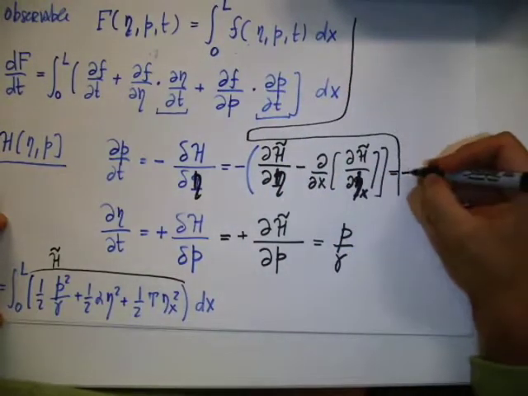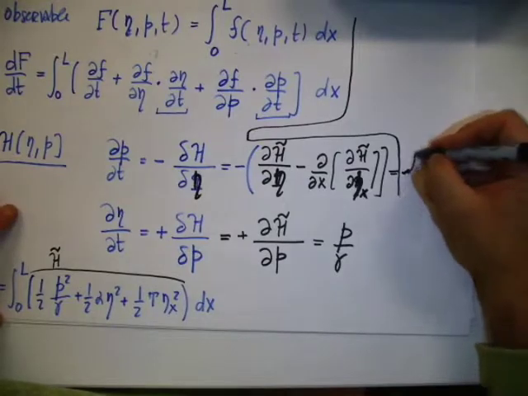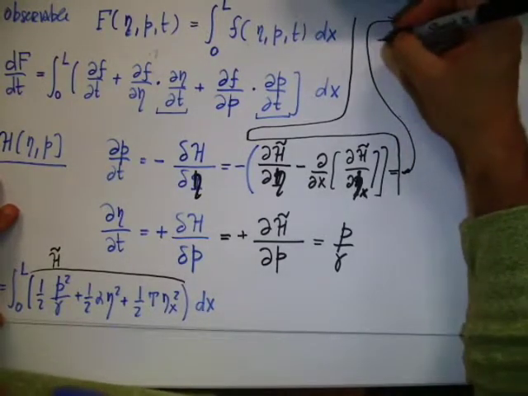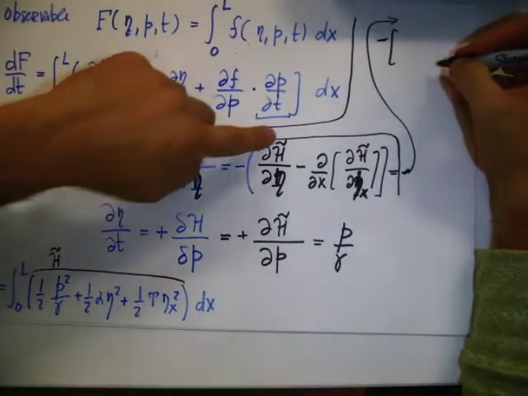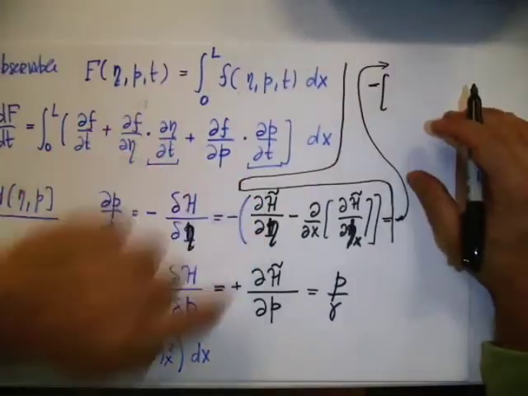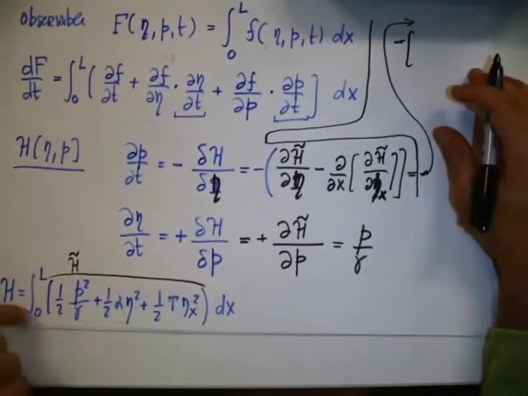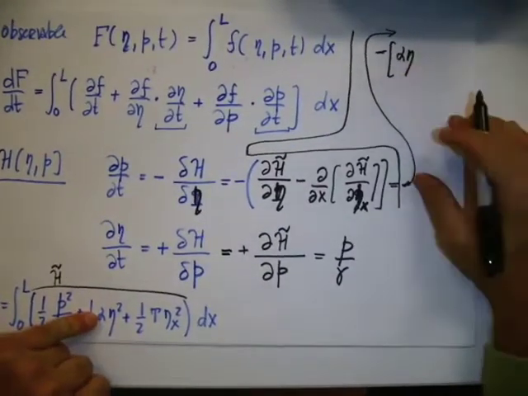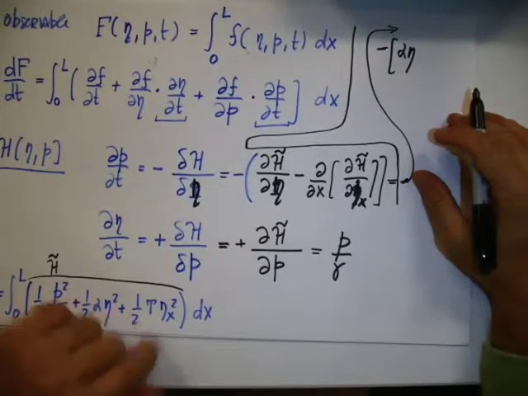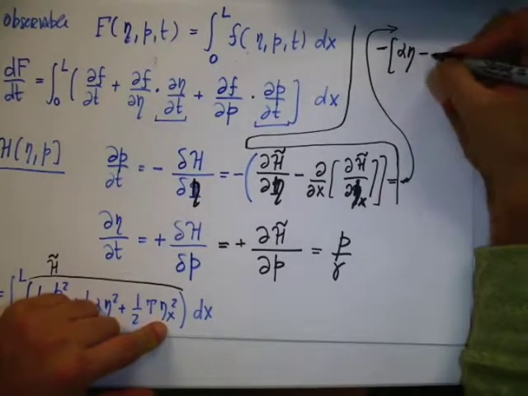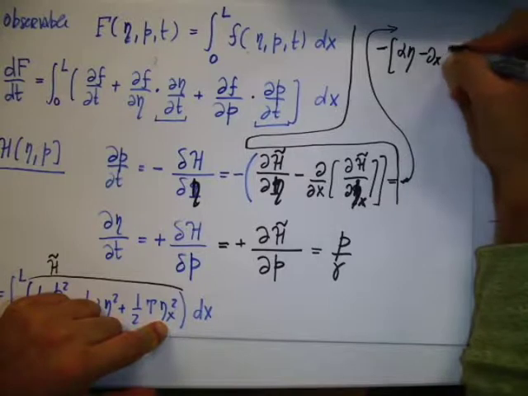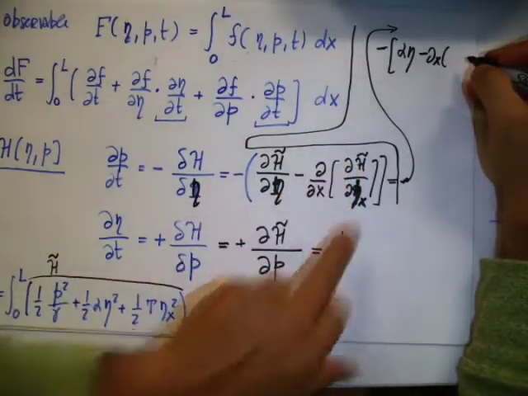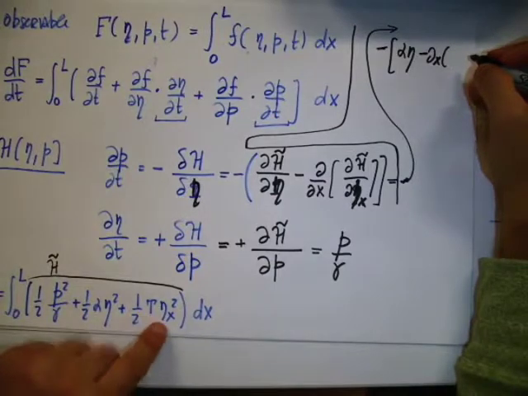We get minus open parenthesis the partial of h with respect to eta, which is equal to alpha eta, and then minus the partial with respect to x of the derivative of h with respect to eta x, which is basically T eta x.